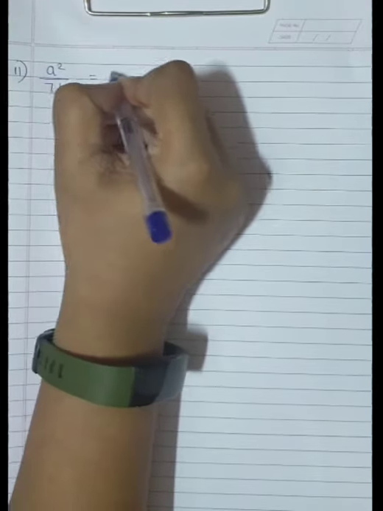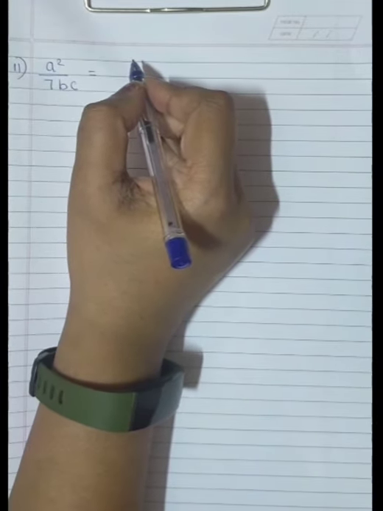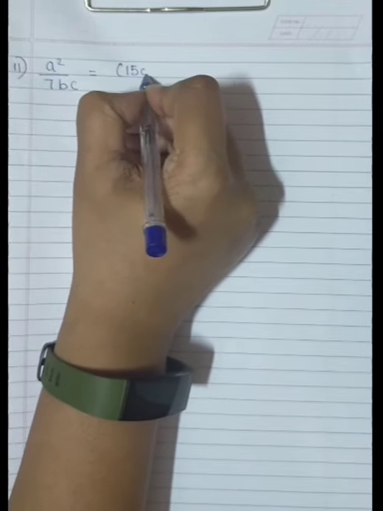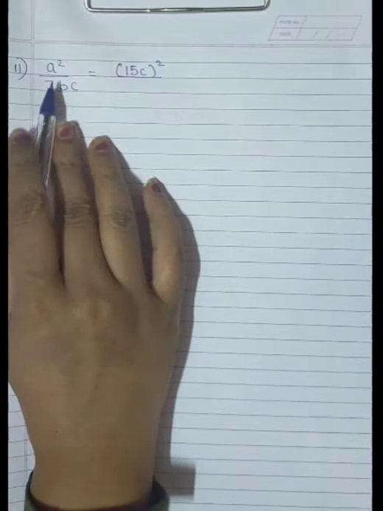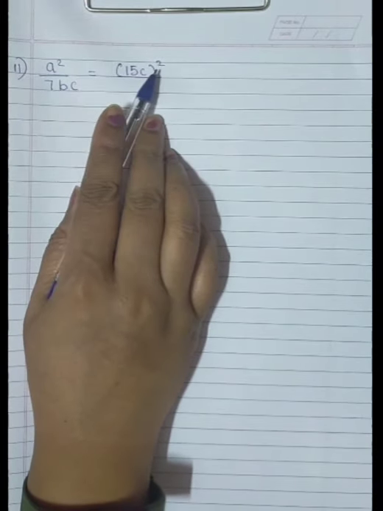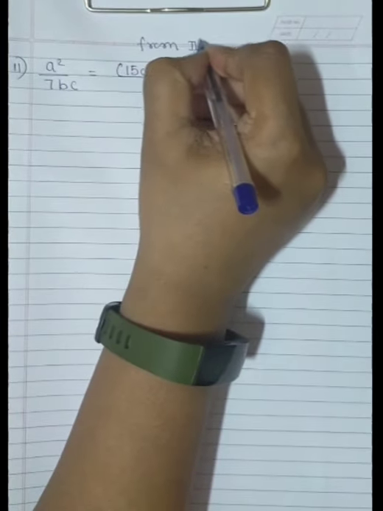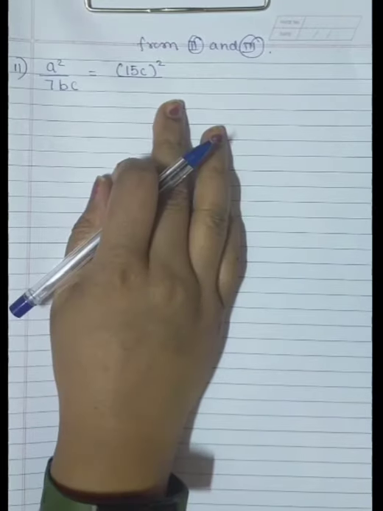Next question is a square upon 7bc is equal to, a square is what given? Okay. The same, what is a square? A square is 15c, as we already solved in question number 1. The same a square will come, 15c square, which we got from the second and third conditions.